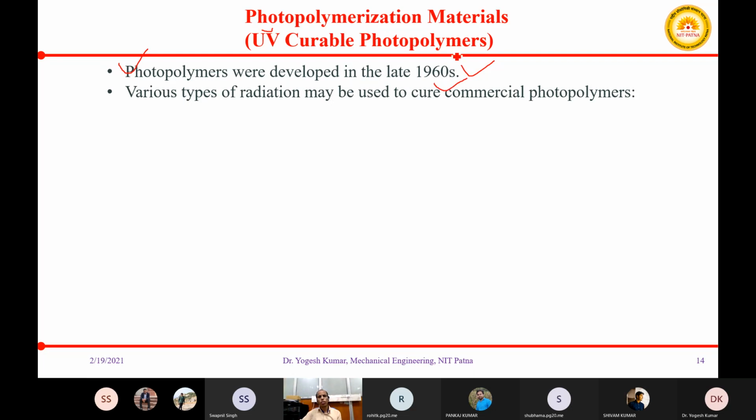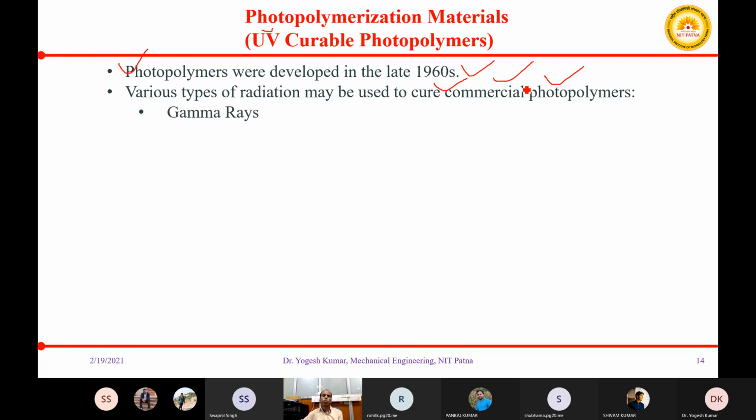When these photopolymers come in contact with UV radiation, some chemical reaction takes place in the photopolymer, and they get solidified.